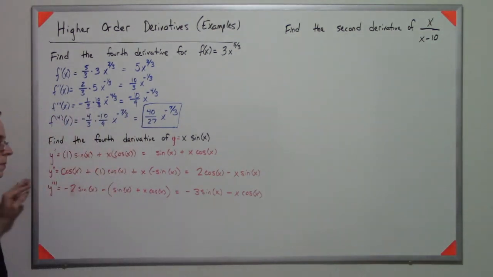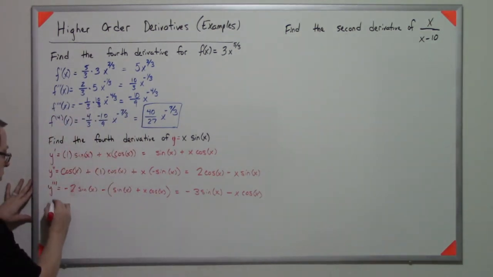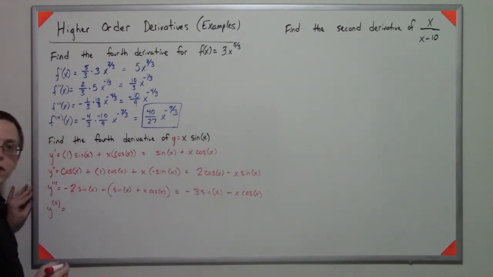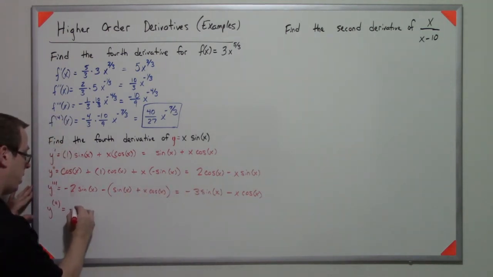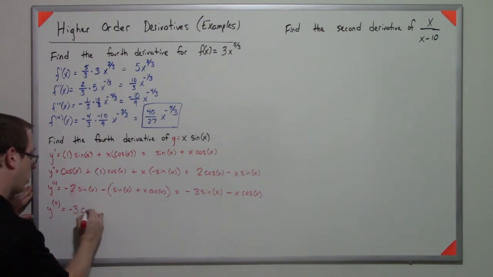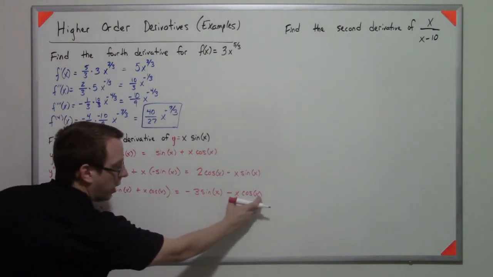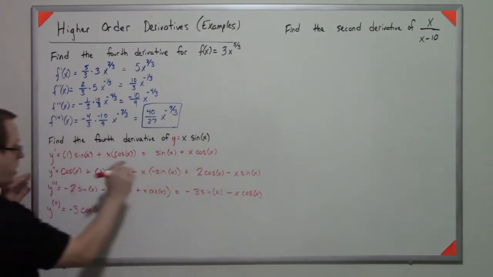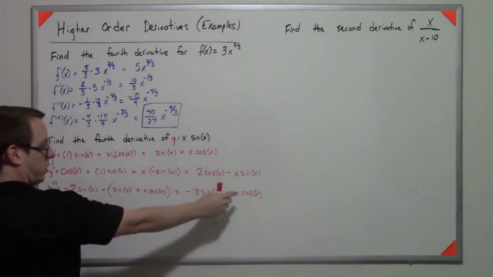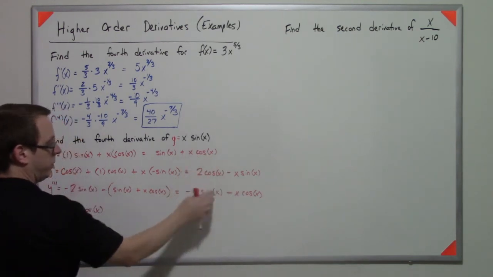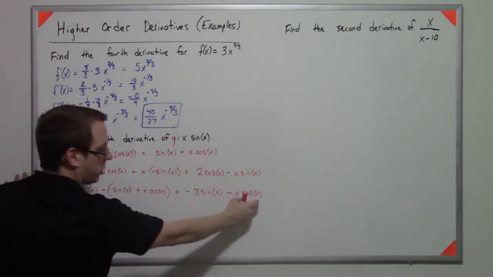And so now if we take the fourth derivative, the derivative of sine is positive cosine. And then we have this x cosine x. Well, we know what that derivative is. Let's go ahead and just do it.